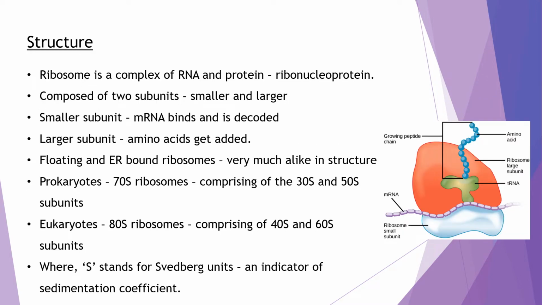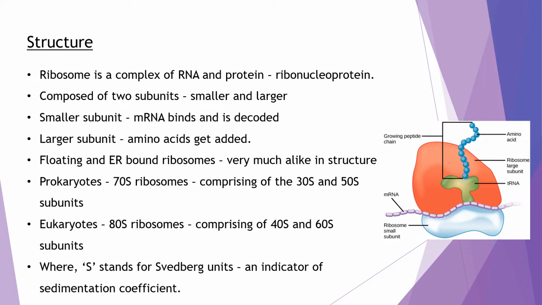Coming to the structure of the ribosome, generally a ribosome forms a complex with RNA and protein. Such a complex is known as a ribonucleoprotein, and this kind of complex is essential for the purpose of protein synthesis.